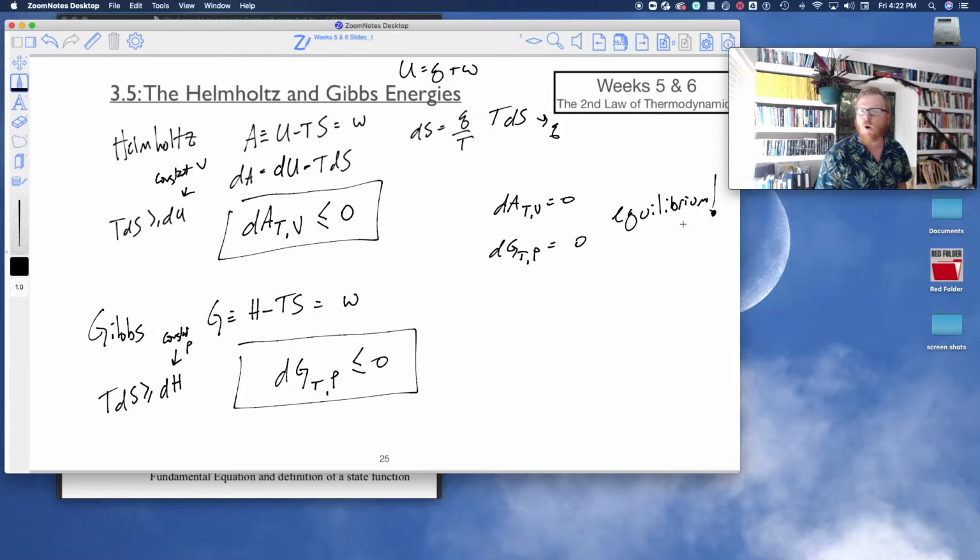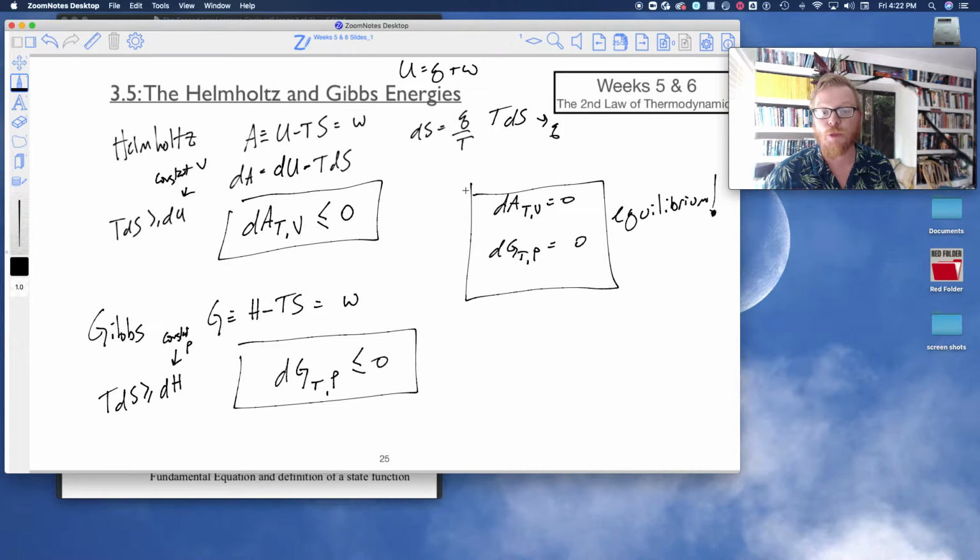And we will spend a whole module on the thermodynamics of equilibrium. But this gives us the thermodynamic basis of equilibrium. When these quantities are negative, that gives us a spontaneous process. And because of these relations of the first law, both of these quantities are often referred to as the work function or the maximum work function.